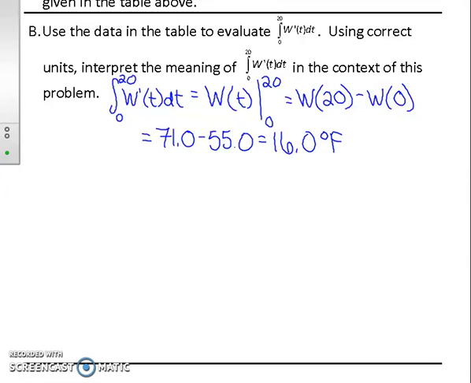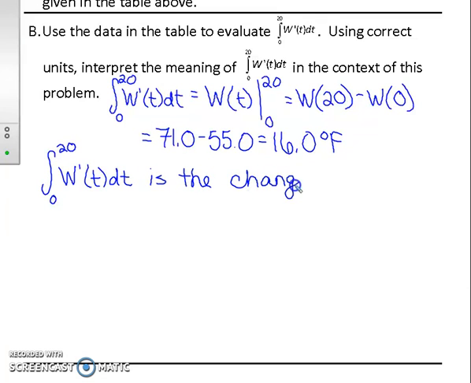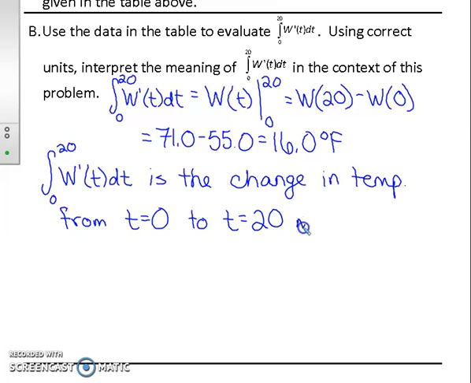So this represents the integral from 0 to 20 W prime t dt is the change in temperature from t equals 0 to t equals 20 minutes.